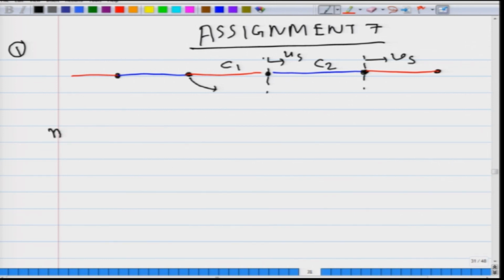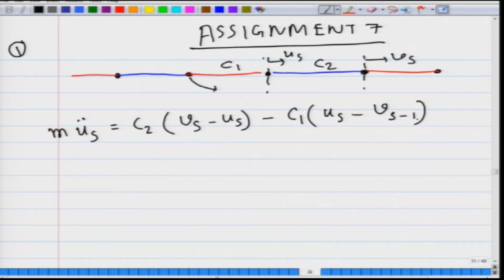So, the equation of motion for u_s will be m u_s double dot equals C2 (v_s minus u_s) minus C1 (u_s minus v_{s-1}). This is for the diatomic chain, as Professor Holbrook has done in the lectures.